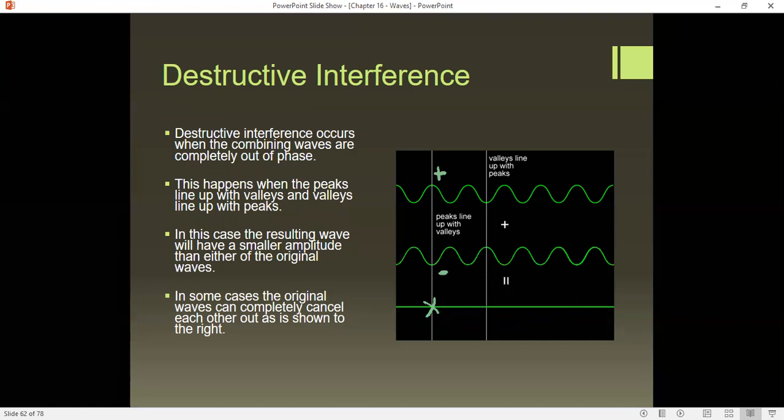And what's interesting here is this is exactly what happens with noise canceling headphones. In noise canceling headphones, there's a microphone on the exterior of the headphones, and they record the wave coming from the outside. They'll digitally invert the wave to create an exact copy of it, but instead of putting a peak where a peak was, they'll put a valley there.